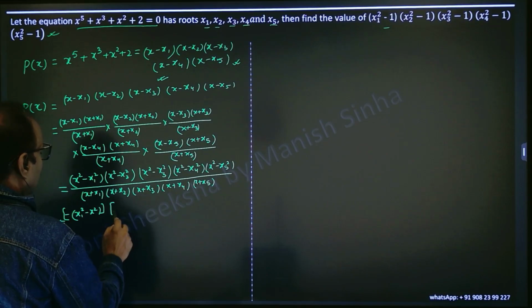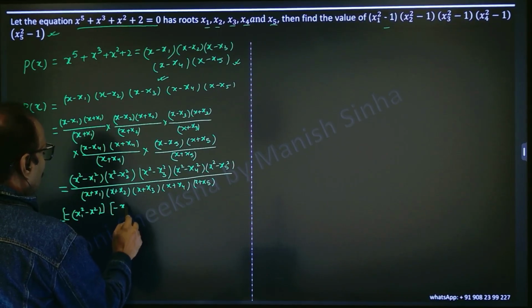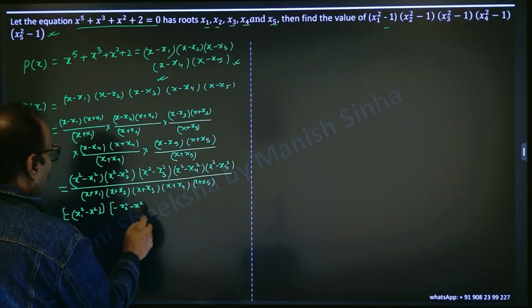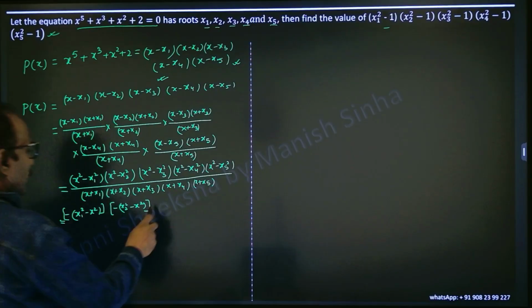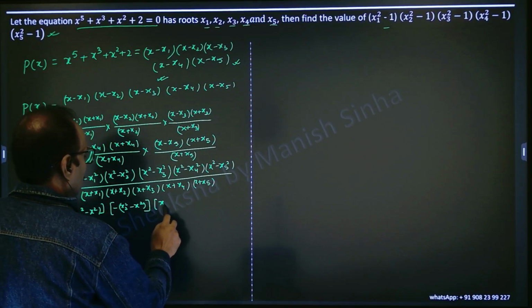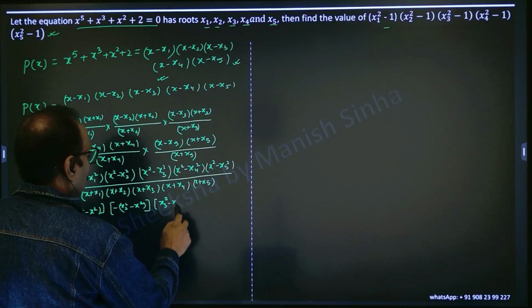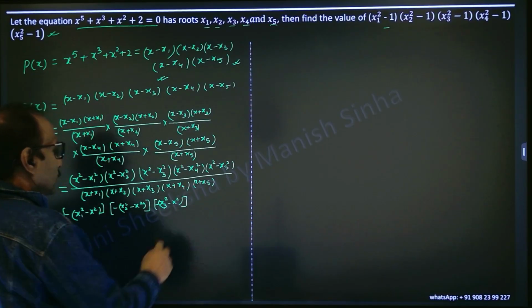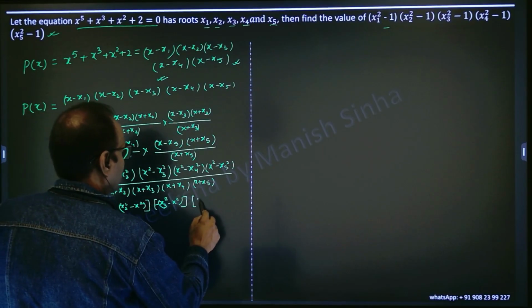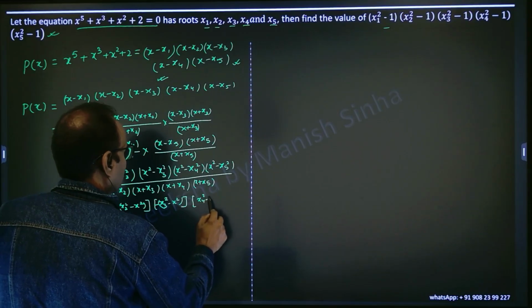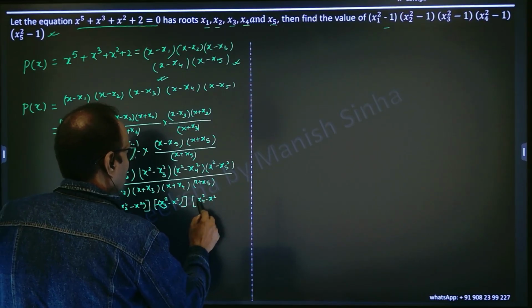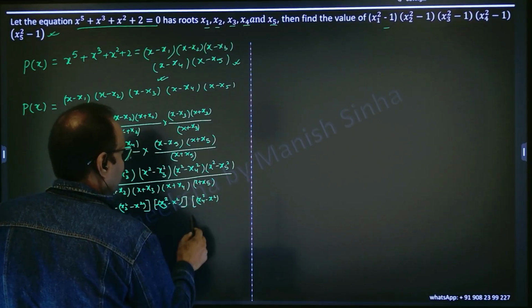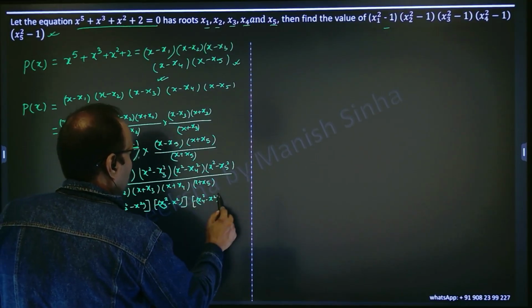Second will be minus. Third term, minus. Fourth term, the fourth multiplication factor, minus.